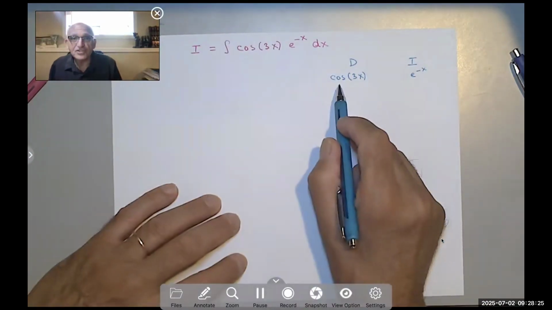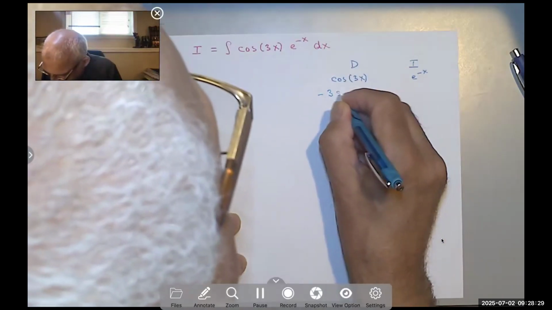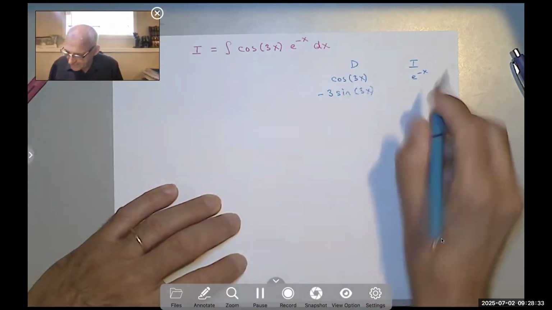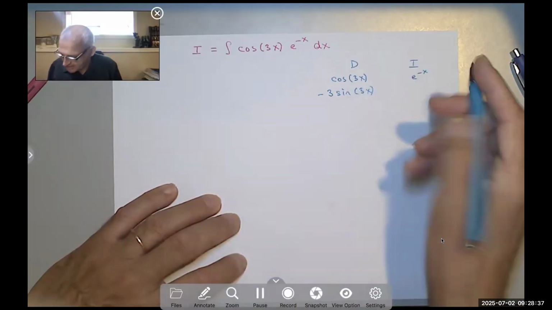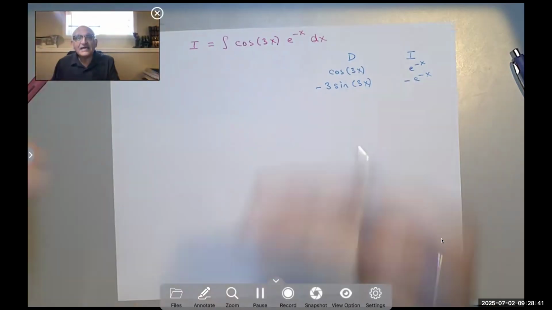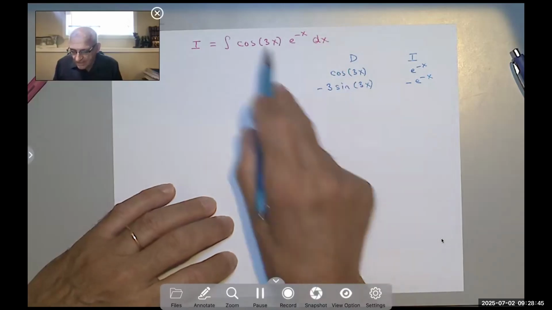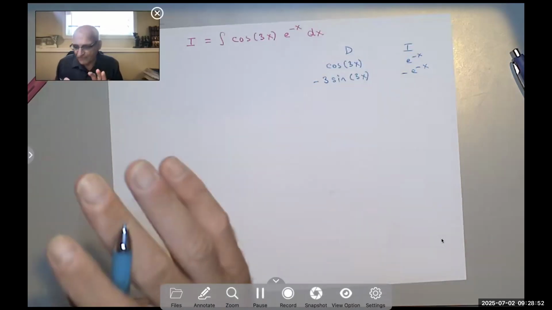When I differentiate cosine 3x, I get negative 3 sine 3x. And when I integrate that, in fact, it doesn't matter whether you integrate it or differentiate it, you get the same thing, e to the negative x. And then I will do it again. Why again? Because I want the cosine to show up one more time. And you say, how would that help? Bear with me for a second.